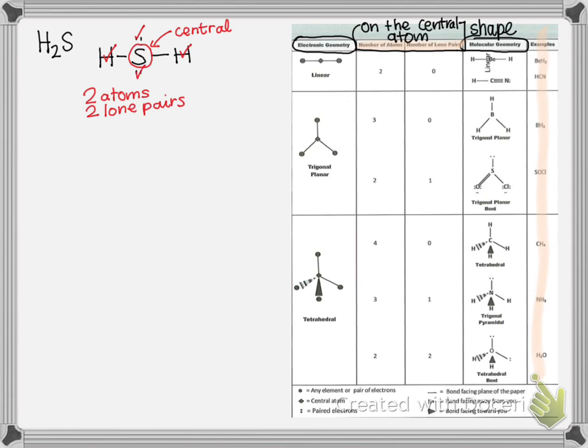Okay, so looking at that, there's 4 things total. So with our electronic geometry, that would be down here. These are 4 total, right? Because it has 1, 2, 3, 4. So our electronic geometry, I'm just going to put EG, would be tetrahedral. That's what that is right there.